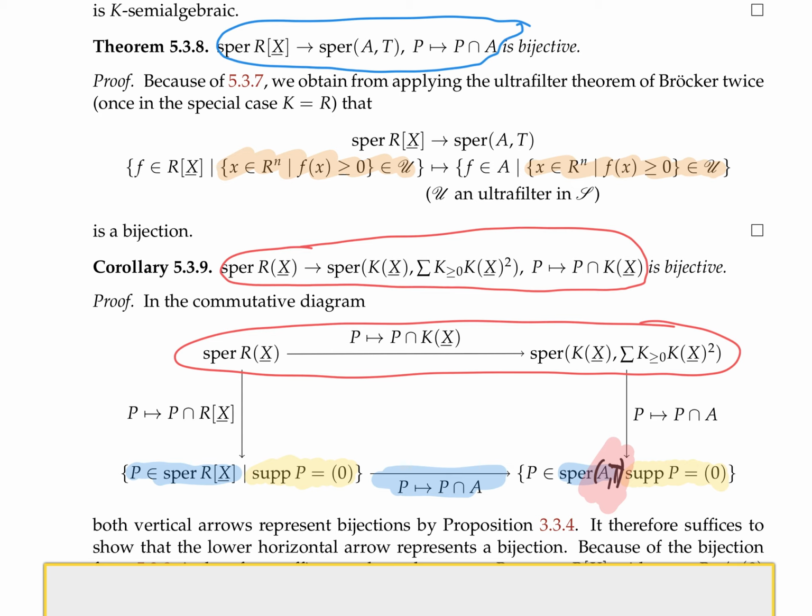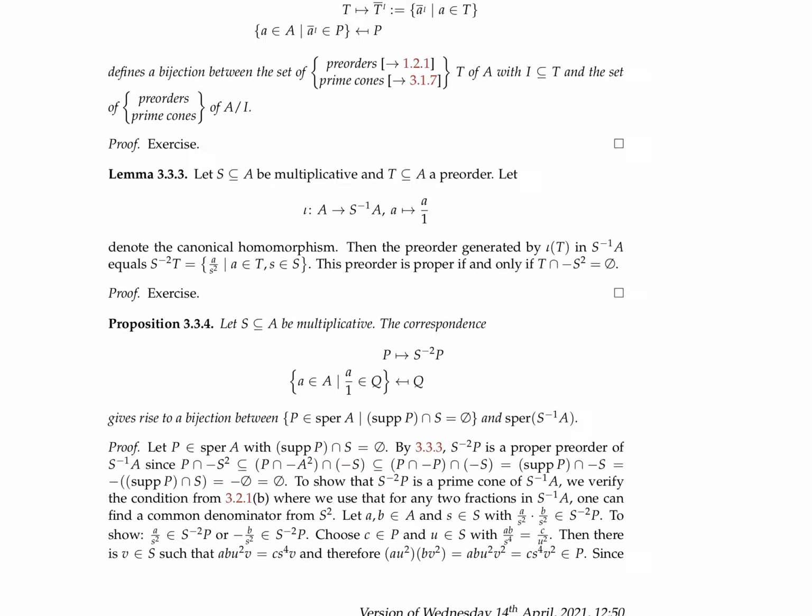Okay, let's maybe first look at this arrow here. Let's first say that this is a bijection. I do this by Proposition 3.3.4. Okay, so what does that mean? You could do it by hand somehow, but let's look at 3.3.4. 3.3.4 was something much more general. It was about localization, right?